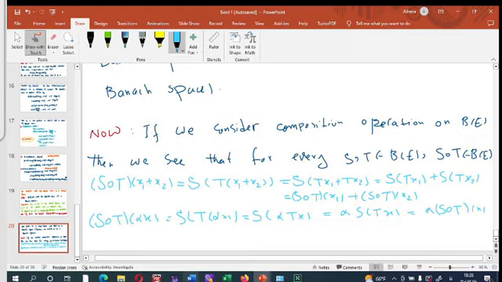So this holds for any x1 and x2 in E and alpha a scalar, a complex number, okay? x1 and x2 are elements in E, and alpha is a complex number.